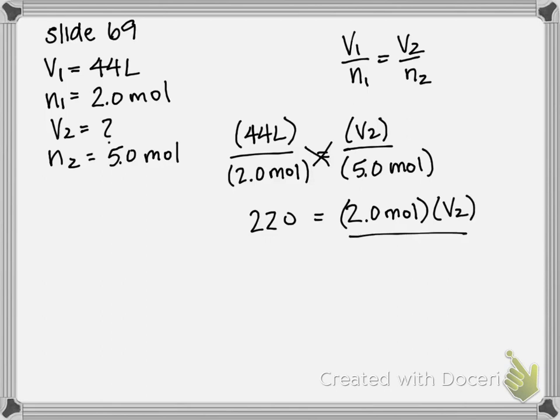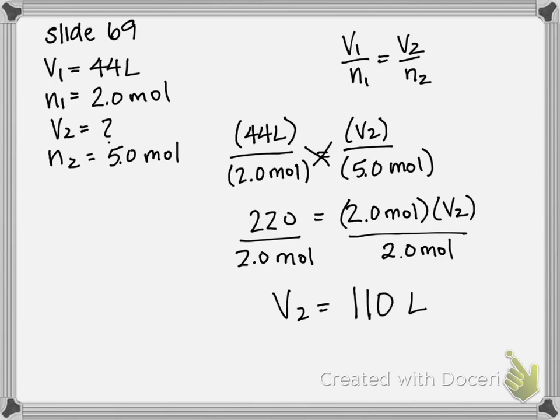Now we divide both sides by 2. Divide that side by 2, and we get that our volume is 110 liters, keeping consistent with the unit of volume for our V1.